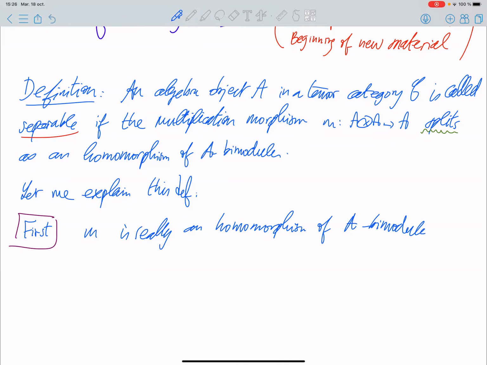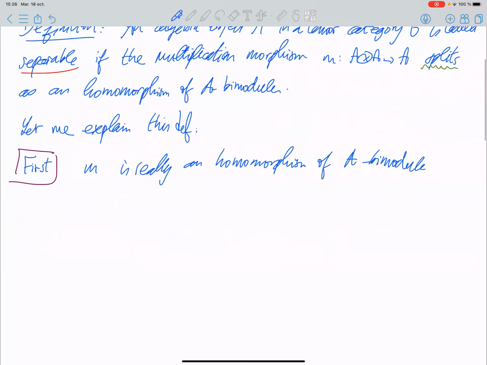So now we really need to check that the multiplication morphism is a homomorphism of A bimodules.